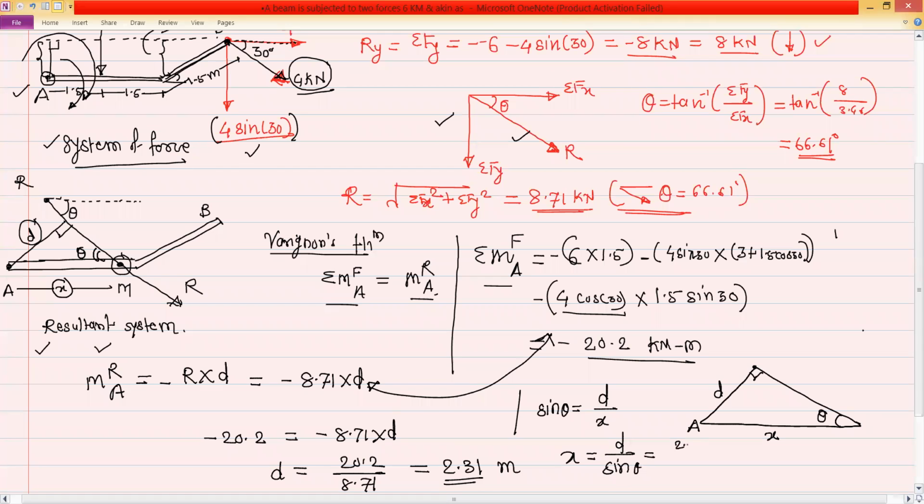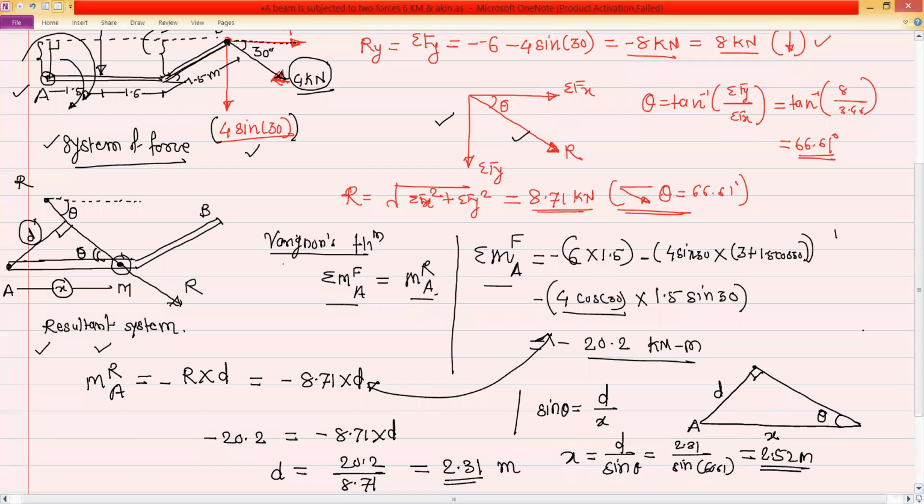The D distance is 2.31 and theta is 66.61, so we will get the answer, 2.52 meter. So this is your final answer.